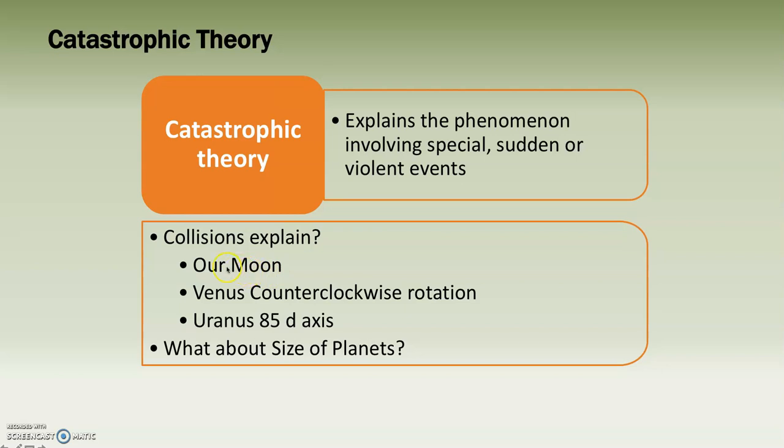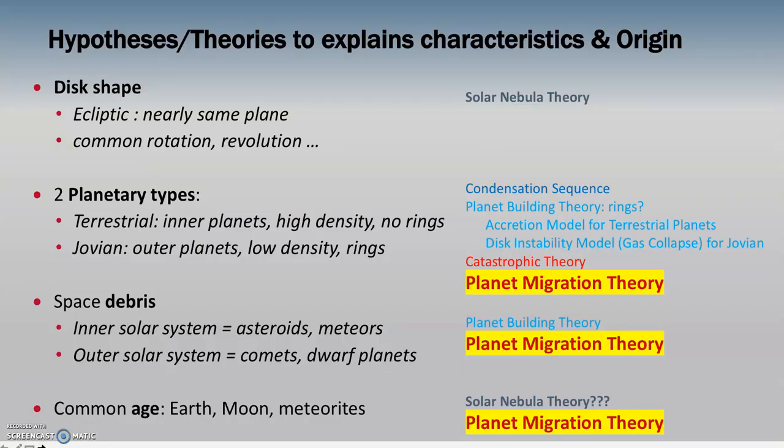If our moon couldn't happen by a gravitational capture by our Earth, then it could happen by a collision that pushes our moon off of the Earth's protoplanetary sphere. And collisions could also account for the counterclockwise rotation of Venus and could also account for Uranus's very strange axis. But collisions don't talk about the size of the planets and the fact that Mars is smaller than Earth and Uranus and Neptune are smaller than Saturn and Jupiter.